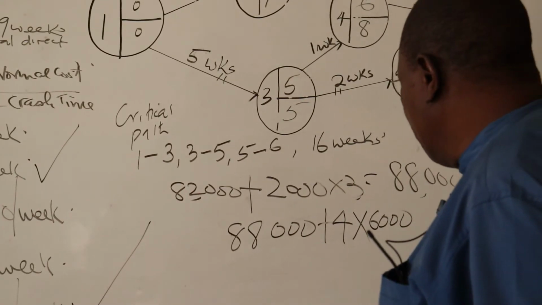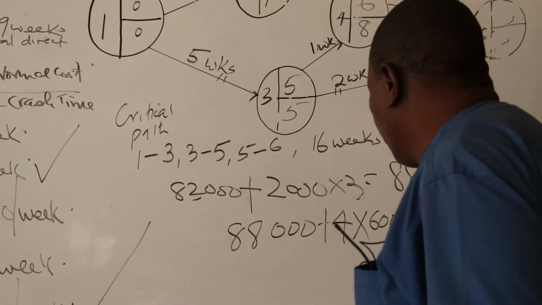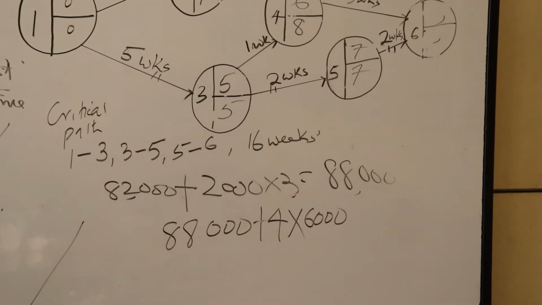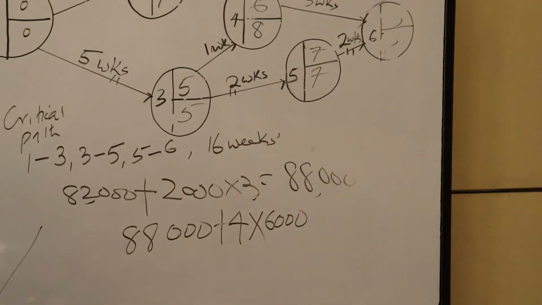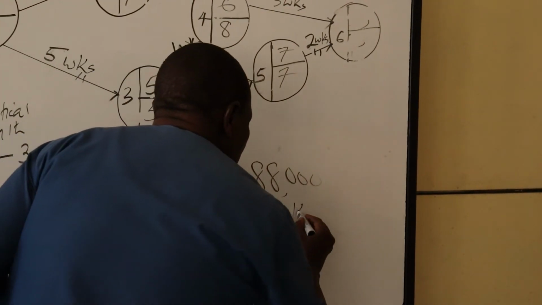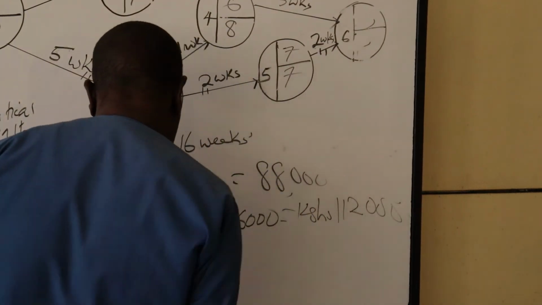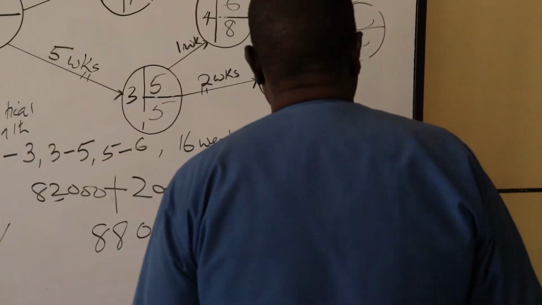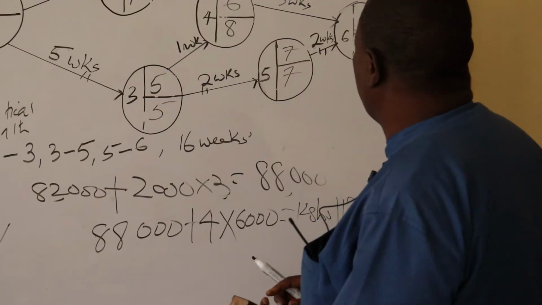So this is going to be 88,000 plus 24,000, which is Kenya shillings 112,000. And that is when activity 5 to 6 is crushed. Then let me draw a network after crushing that activity.